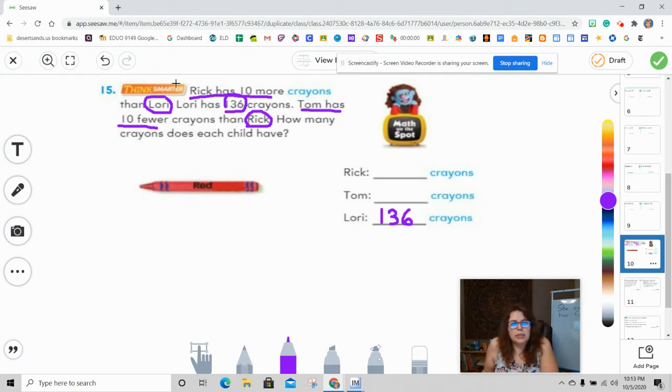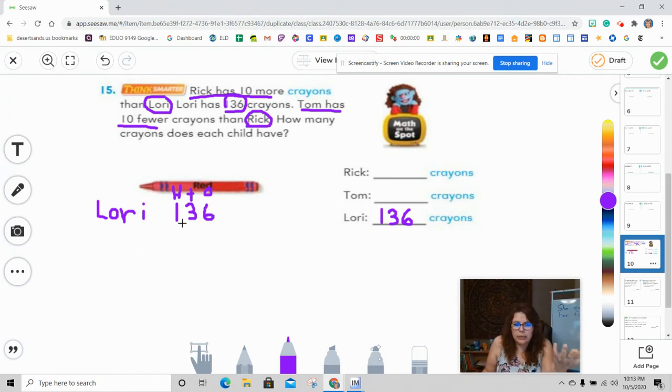So now on the first one, it says Rick has 10 more than Lori. Well, I know that Lori has 136. So this is Lori. I'm going to put Lori. And she has 136. So I'm going to draw a picture. HTO. HTO helps me organize my place value.